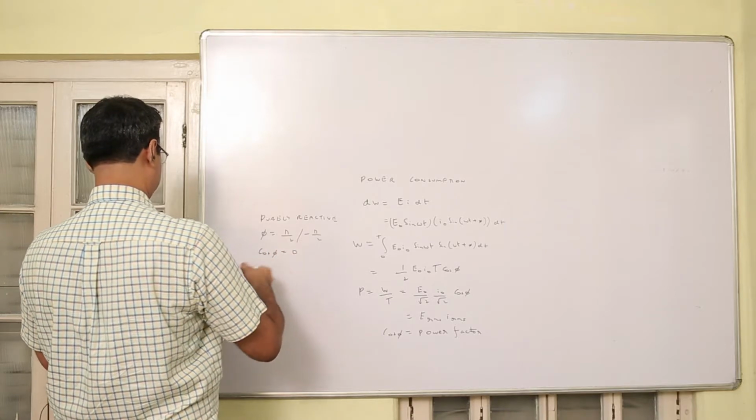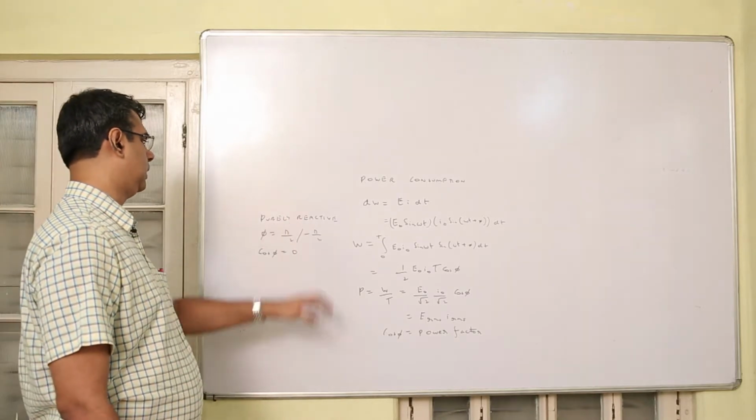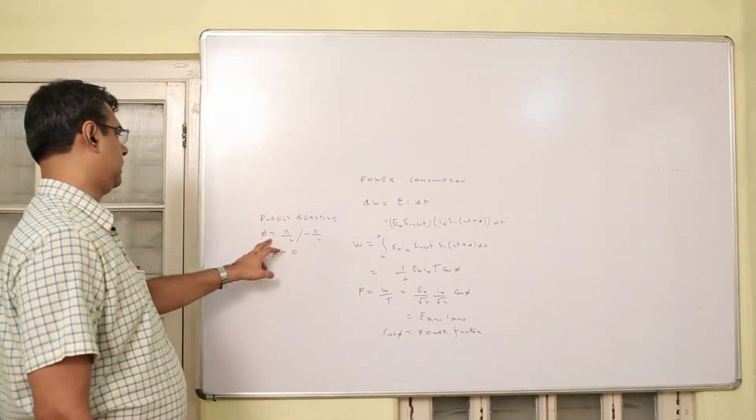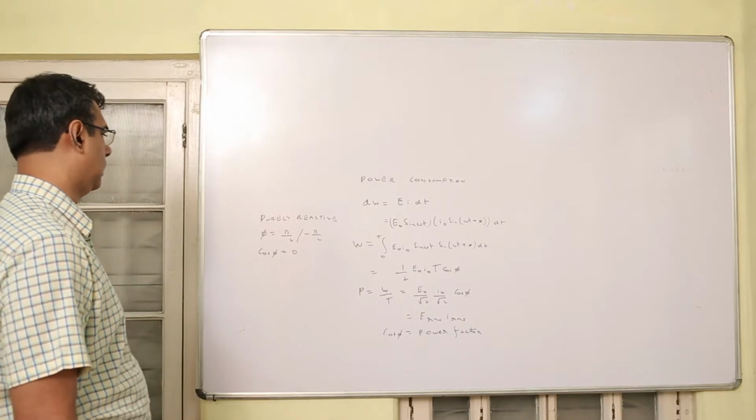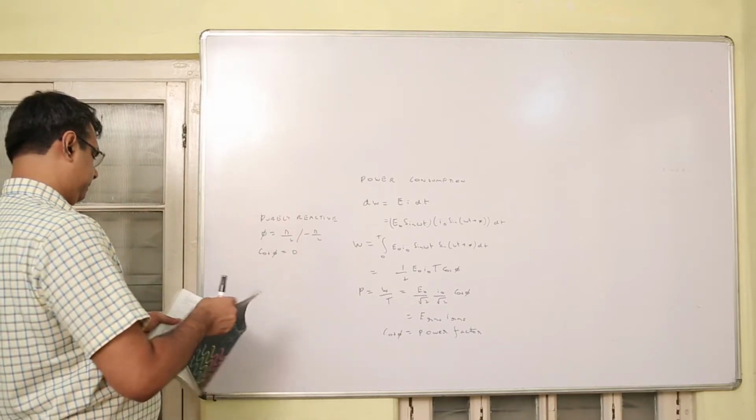So cos phi will be 0. So if you have a circuit which is purely reactive, that means phi is either pi by 2 or minus pi by 2, then cos phi will be 0.